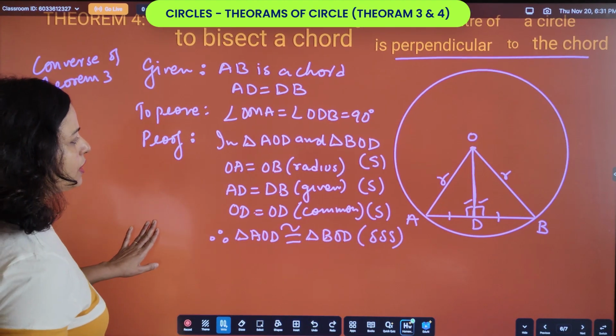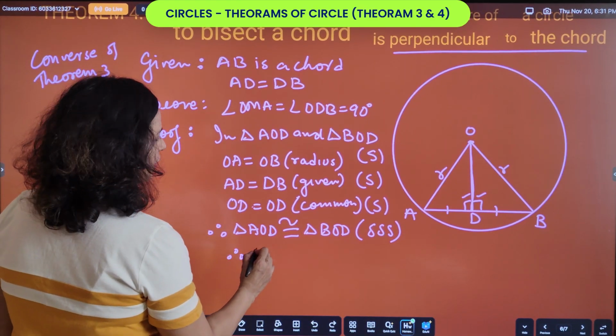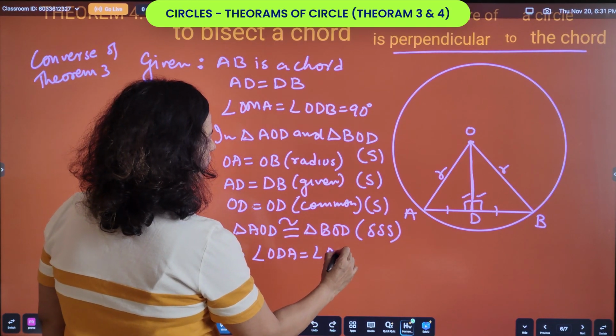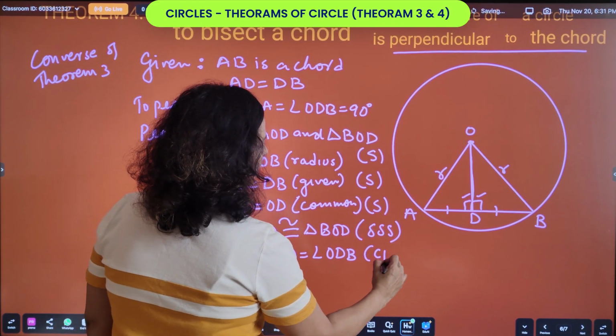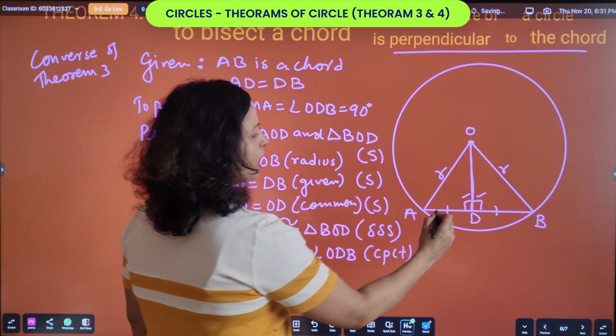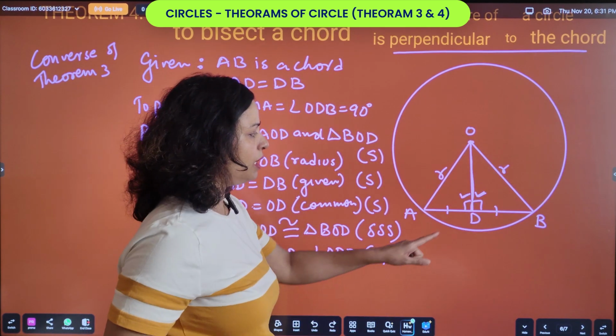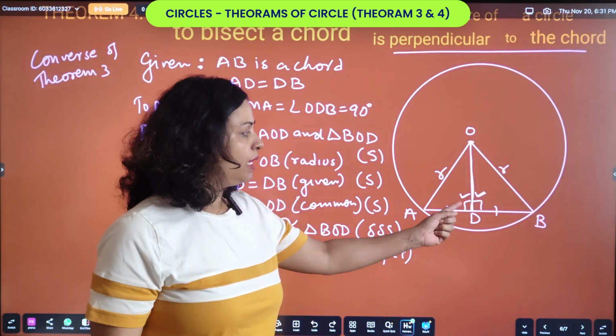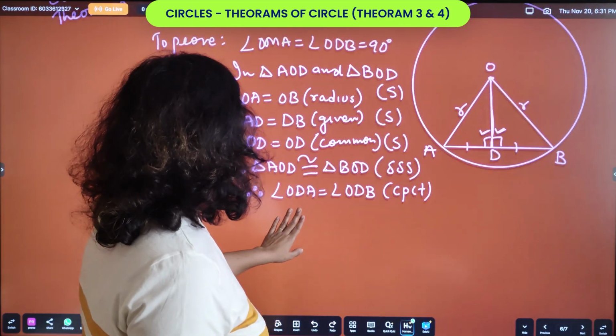Once the congruency is done, we can easily say that angle ODA is equal to angle ODB by CPCT. So I have shown that by CPCT these two angles are equal, but what we have to prove here is that these two angles are 90 degrees. So how do we do that?